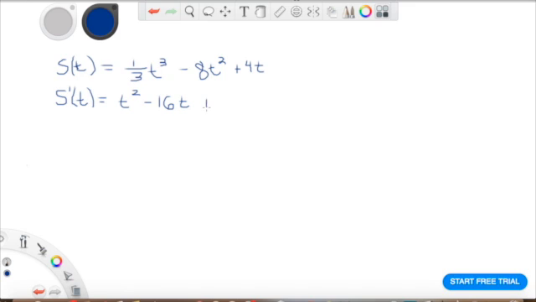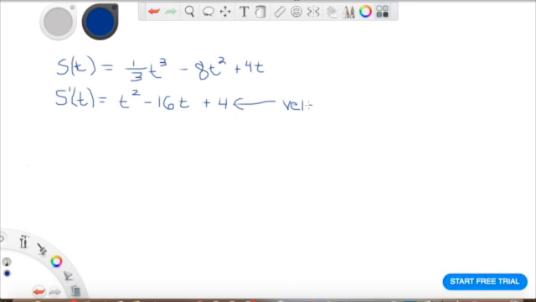And then that is plus 4. Now that is our equation for velocity, which we will need in a second.